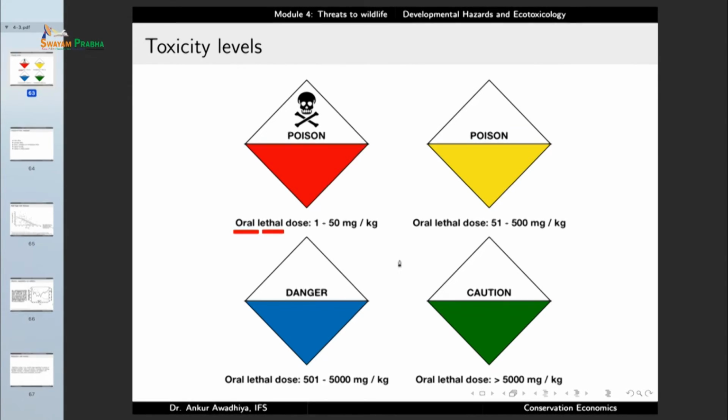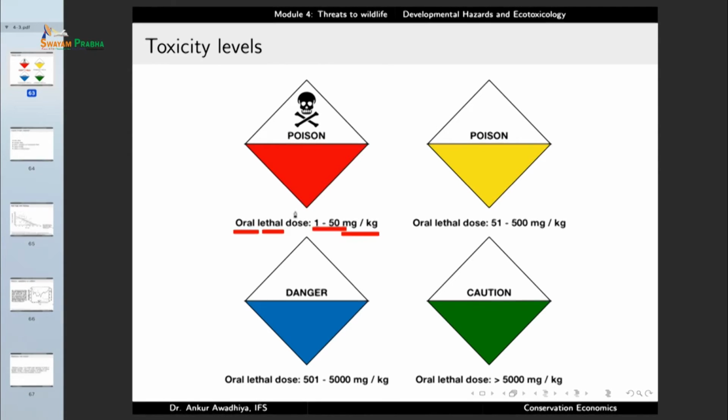So this is the oral lethal dose. It is generally expressed in terms of milligram per kg body weight of the organism. Now, if there are chemicals which are lethal or which kill the organism at a dose as low as 1 to 50 milligram per kg, then we say that these are the most poisonous chemicals.